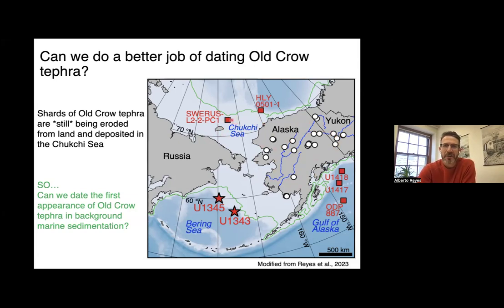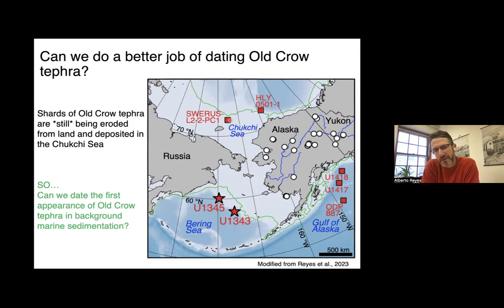Vera documented Old Crow tephra still being presumably eroded from land, making its way into the Bering Sea, out through the Bering Strait, and into the Chukchi Sea, where it is deposited in late Holocene marine mud as a detrital tephra, as detrital glass. So not a visible layer, but just a background component of the detrital sedimentation.